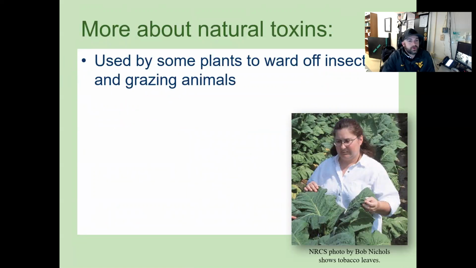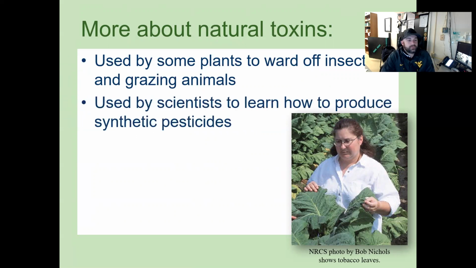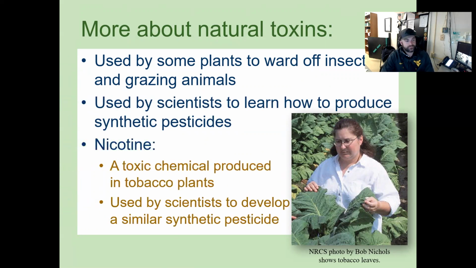So a little more on natural toxins, used by some plants to ward off insects and grazing animals, used by scientists to learn how to produce synthetic pesticides. And nicotine is a good example here, a toxic chemical produced in tobacco plants, but used by scientists to develop a similar synthetic product.